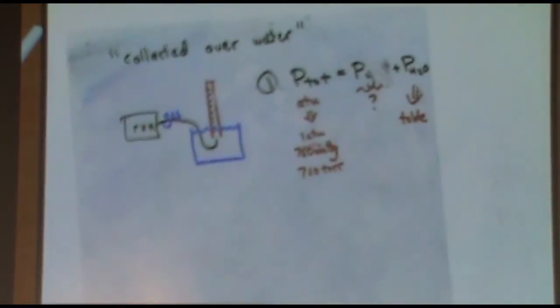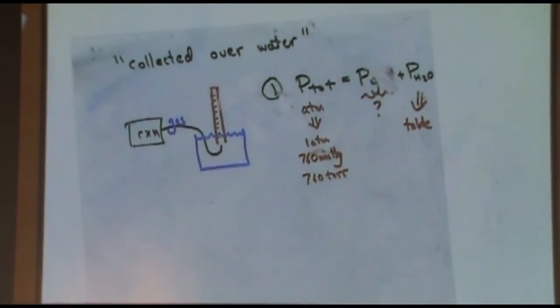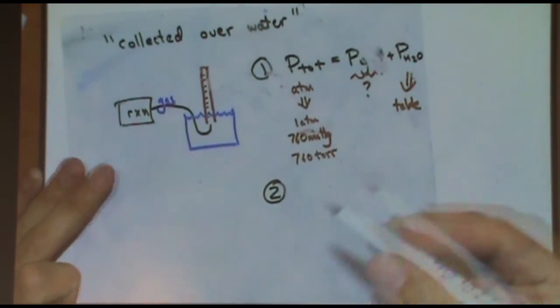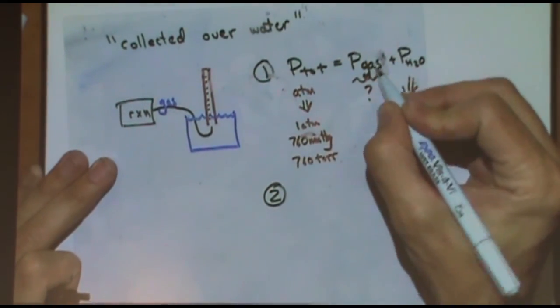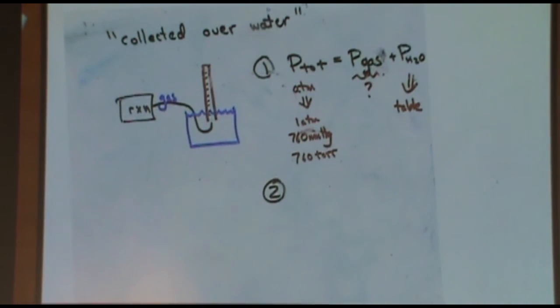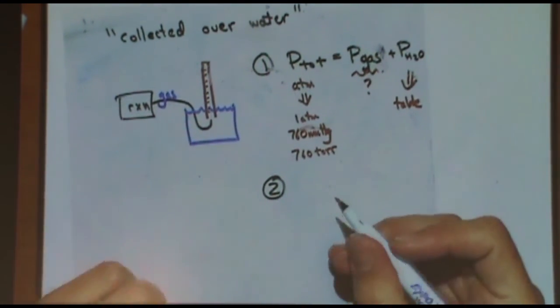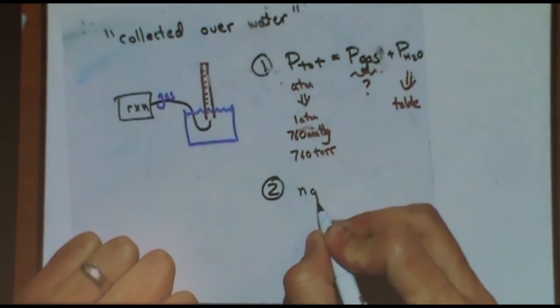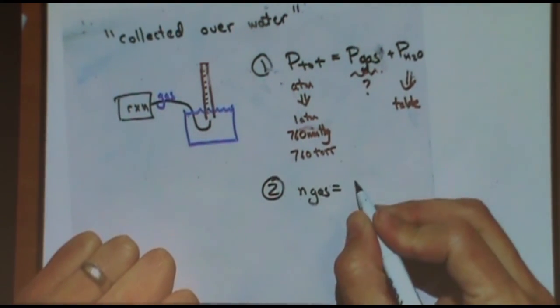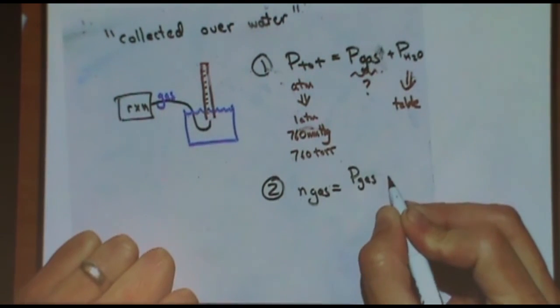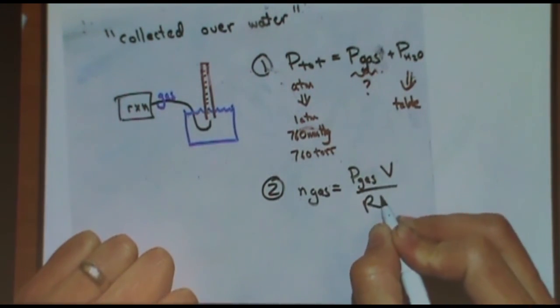All right. Step 2, again, really can be in any order, so it depends where you start. Just pressure of the gas. Okay. And sometimes, depending on what you're asked for, you only need one of these, but you won't need more than these equations. The moles of the gas is from the ideal gas law. Pressure of the gas times volume over RT.